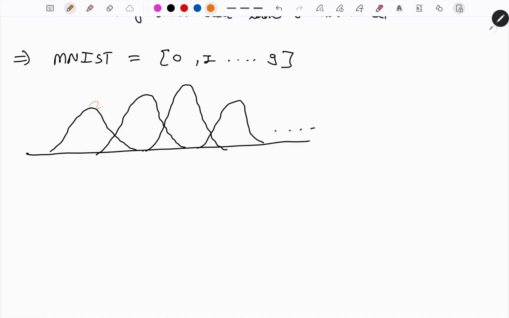Let's say this is the distribution of digit 0, this is the distribution of digit 2, this is, let's say, the distribution of digit 7, and this is the distribution of digit 4. Understand? So these all are the distributions corresponding to the different classes present in our MNIST data set.